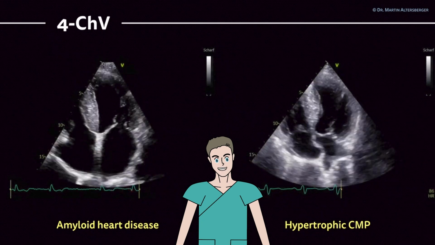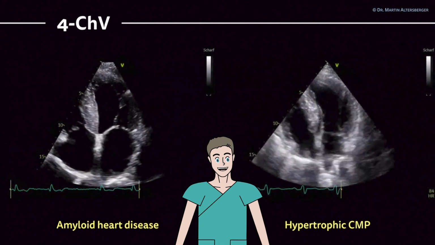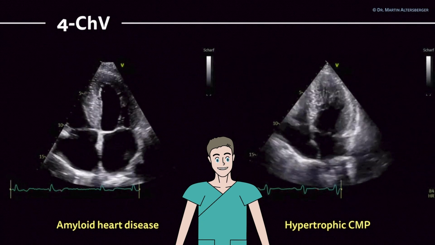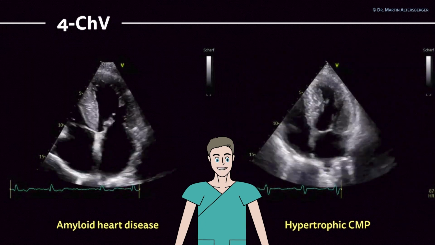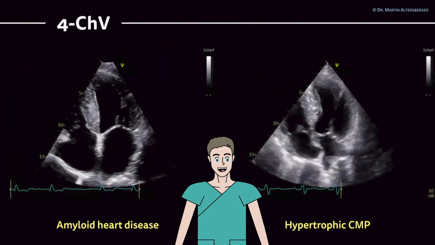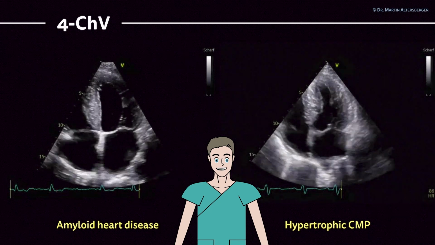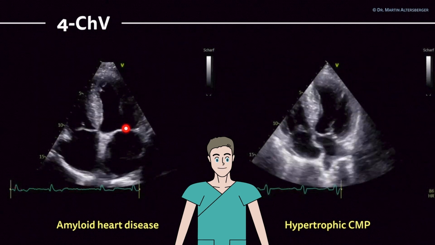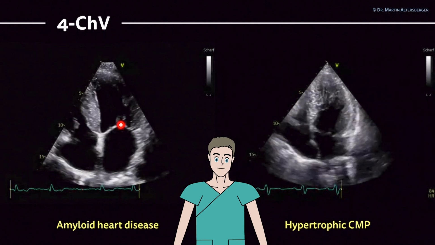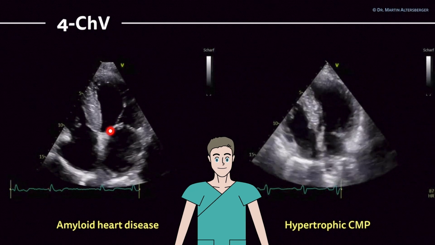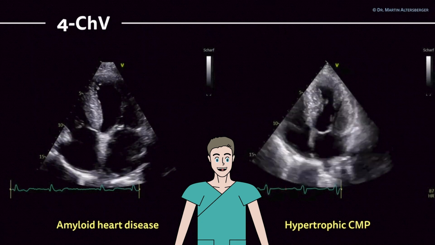You can differentiate several diseases, or at least get an idea which disease might be present. In this case, we have amyloid heart disease. Note the dilated left and the dilated right atrium. There's also atrial fibrillation present. See the valves, how they are closing prematurely, both the mitral and the tricuspid valve, the anterior and the posterior mitral valve leaflet.